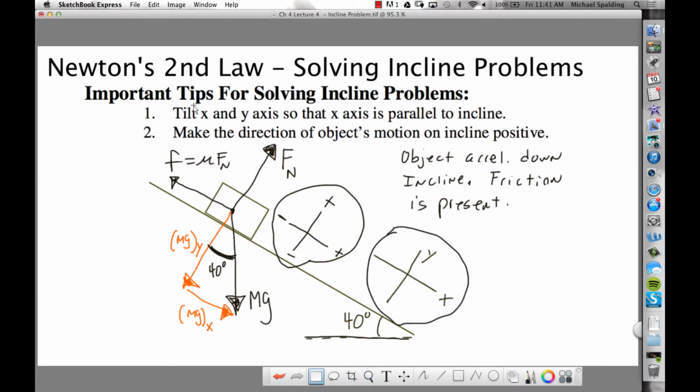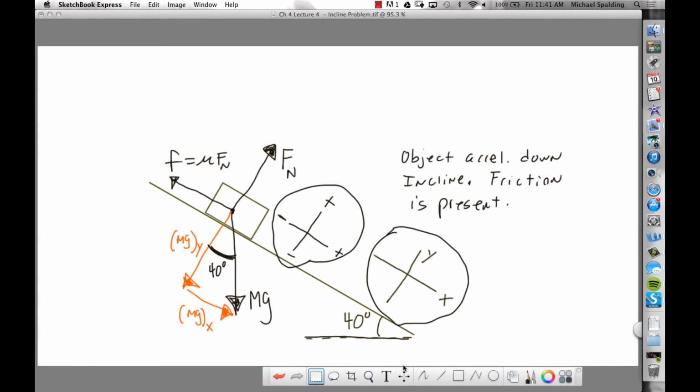Let's sum the forces, and then after we do this, we're going to try a sample problem. All right, summing forces. We're almost done with this lecture. How many forces are in the x direction?